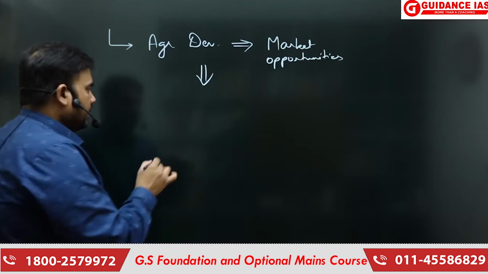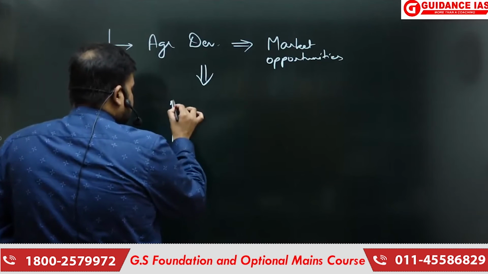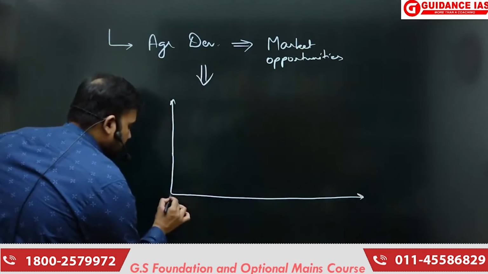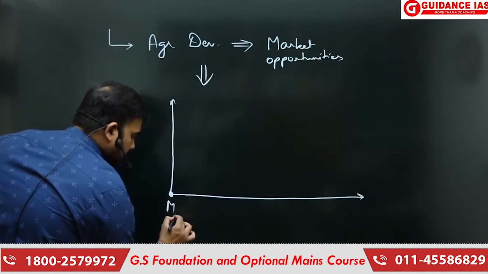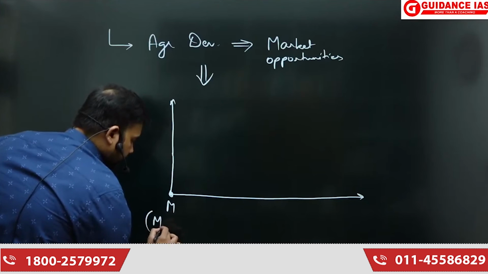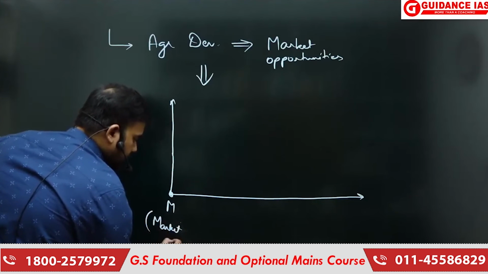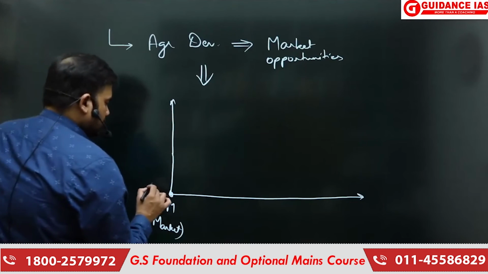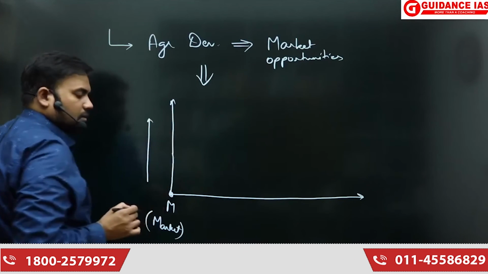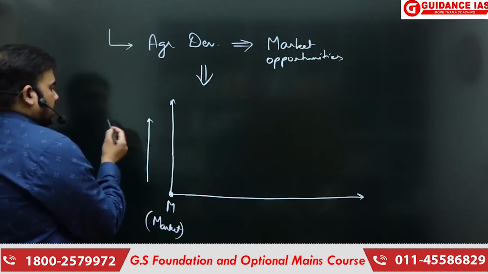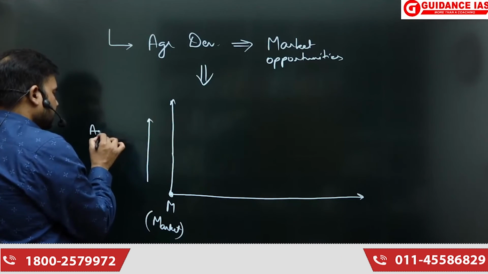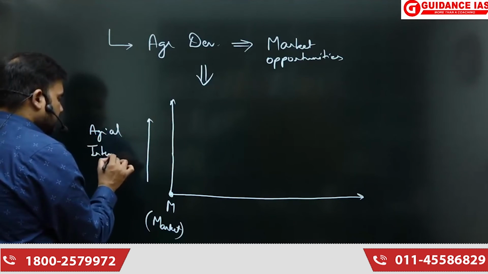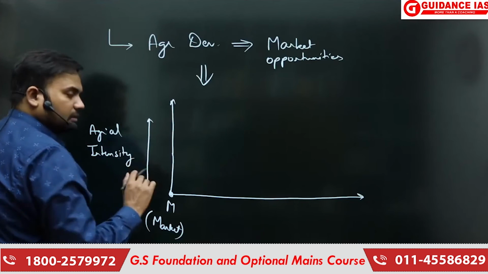Yes or no? Does von Thunen say something like this? Here is the M, which means market, and here you can talk about land rent, or I write here agricultural intensity, because intensity would be higher.